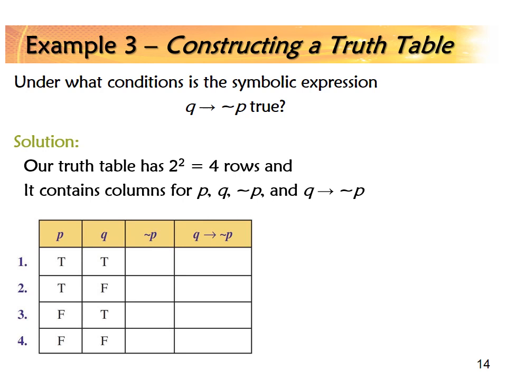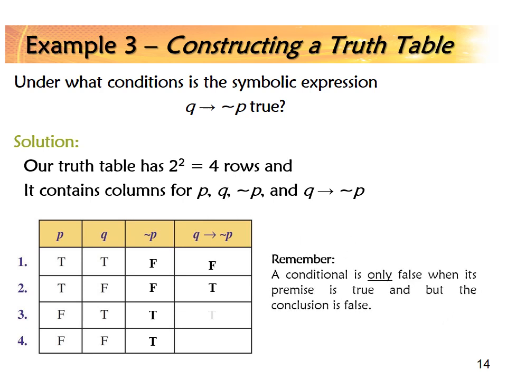So TT, TF, FT, FF, all the possibilities between P and Q. So I'll go ahead and fill in the not P column here. And then we're going to be doing Q, then not P. So these columns together in this order right here. So true, false. For conditional, that's false. Everything else is true. Okay?